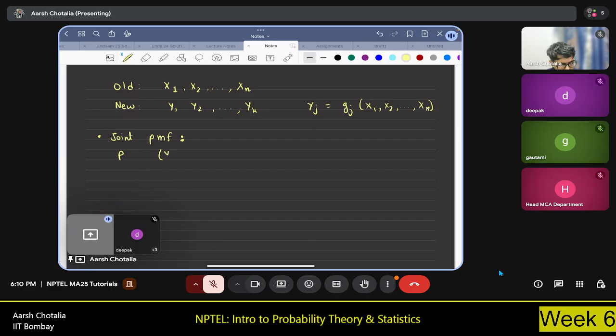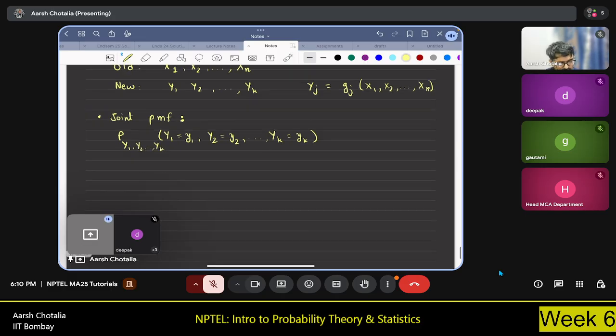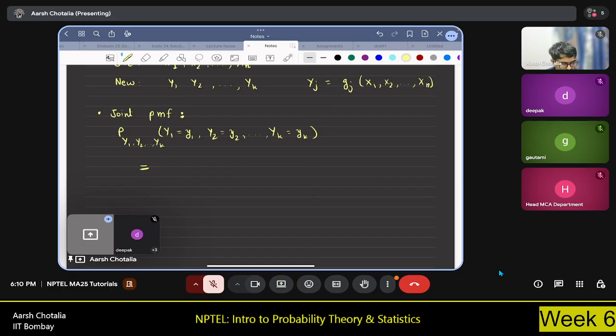So what we want is the probability that y1 is some particular value, y2 is some other particular value, etc. And the subscript would be y1, y2 all the way up to yk, and that is simply given as the sum over all possible x1, x2 up to xn, in R^n, such that their functions give rise to this particular value, and then we add their probability.